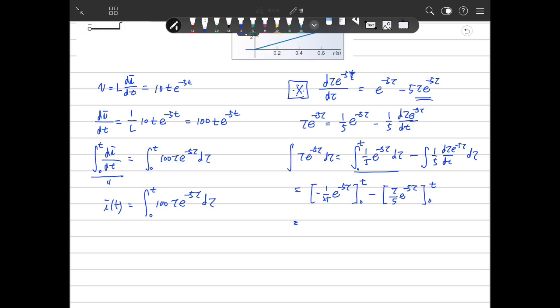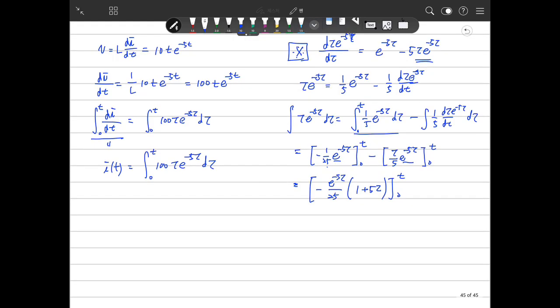Because this is 0, there is a common factor: minus 25 e^(-5τ) times (1 + 5τ).